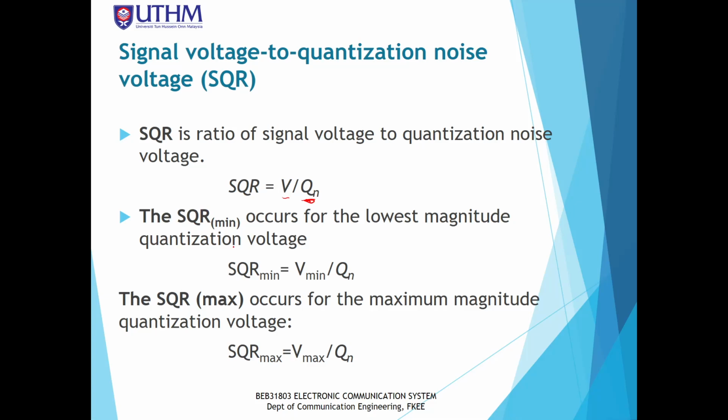The SQR minimum occurs for the lowest magnitude of quantization voltage, which is Vmin divided by Qn. And the SQR max occurs for the maximum quantization voltage, Vmax divided by Qn.